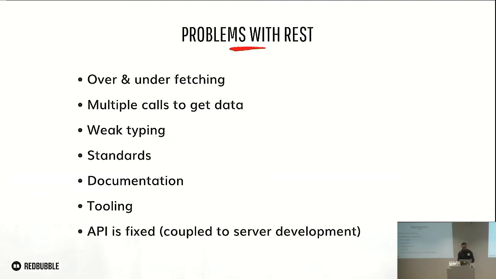So I've kind of ranted about some of the issues that were in that product API. So just to enumerate what they are, there's a whole bunch that we have with traditional REST APIs. We have overfetching, so getting too much data, underfetching, so not getting enough data for what we want to display on the screen, and multiple calls to get that same information. I was talking to someone in the break, we built a search API a few years ago that returned a whole bunch of information, most of which we didn't want.